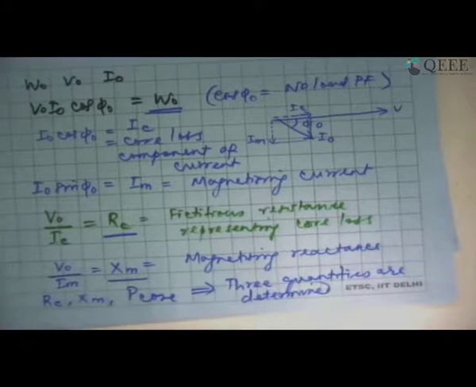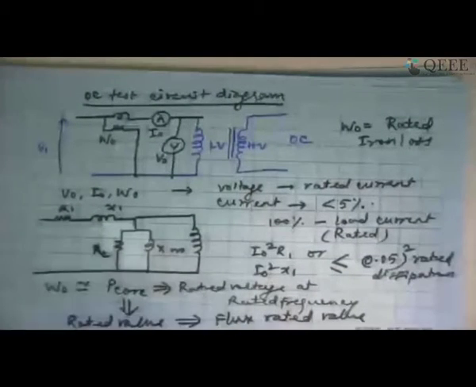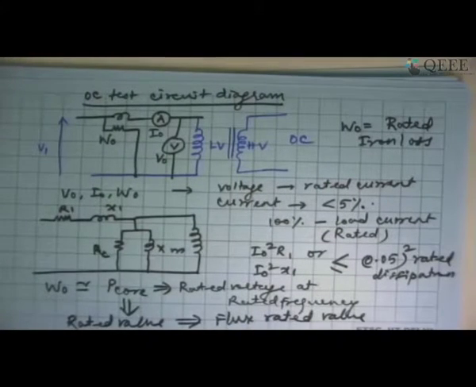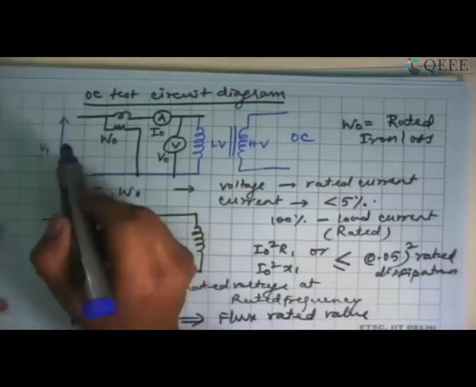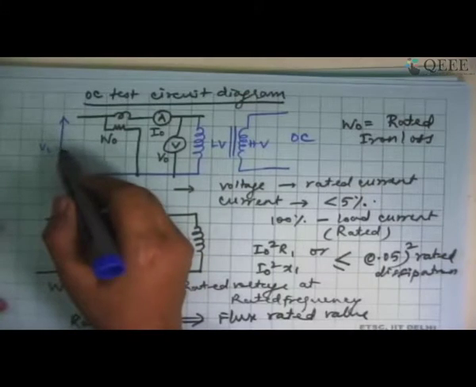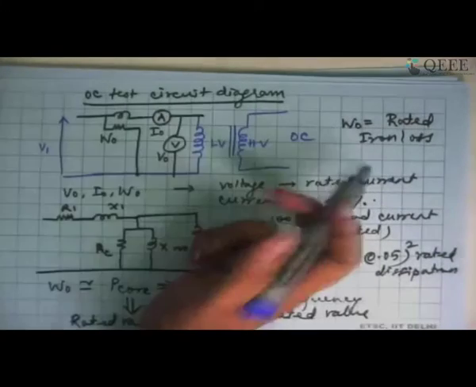A few things that we have to notice in the open circuit test, with the circuit diagram here again: we are applying rated voltage V1 in this case. It is always easier to find a source which is probably 400 volts rather than 4000 volts.